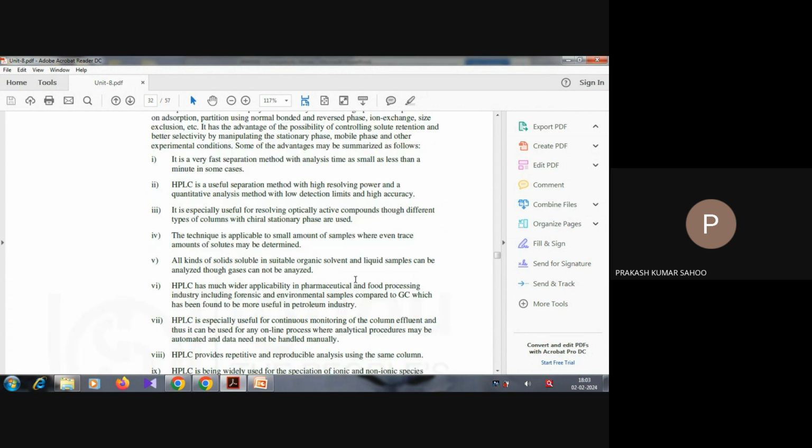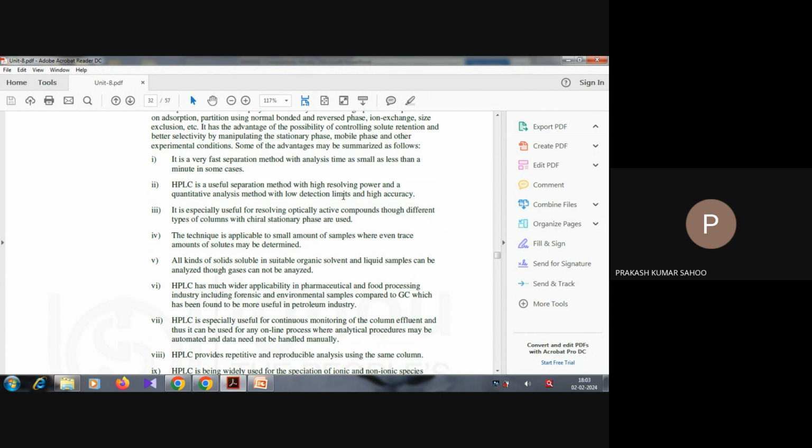It is useful as a separation method with high resolving power, and a quantitative analysis method with low detection limit and high accuracy. Now this has high accuracy, high resolving power, and the quantitative analysis method is also applied. But the detection limit is very low.